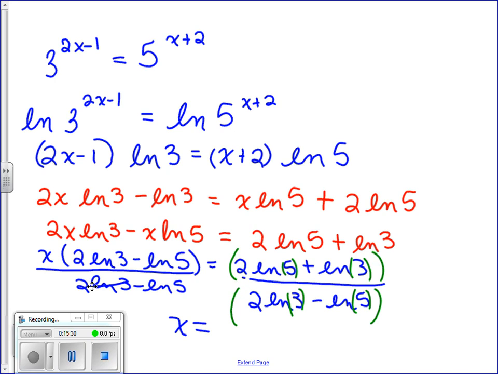Log or natural log. I'm going to do natural log. Notice that this one right here will probably open up automatically on your calculator. Alright, so let's see. 2 natural log. Boom. Natural log 3. Boom, boom. That boom, boom, that was those two parentheses right there. I'll let you use that.